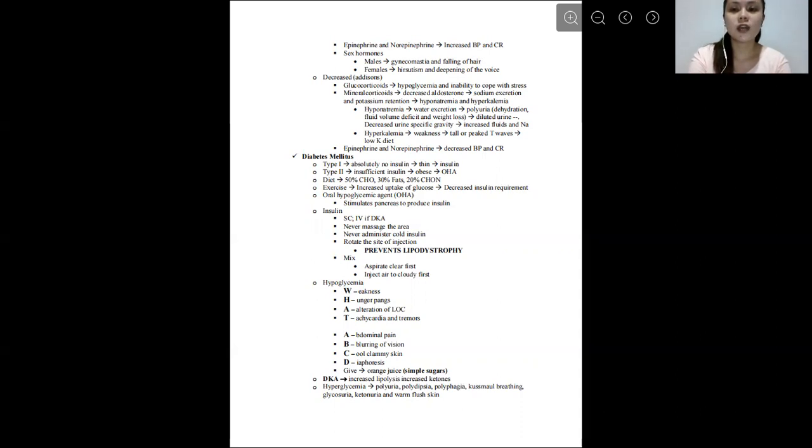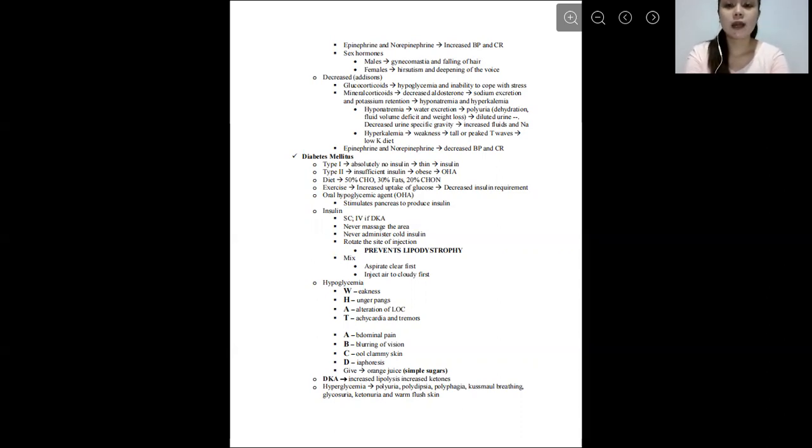Lipodystrophy is the accumulation of fats in the injection site, so it is needed to rotate the site of injection to prevent this. When mixing insulin, there are two types: the NPH, the intermediate insulin, and regular insulin.